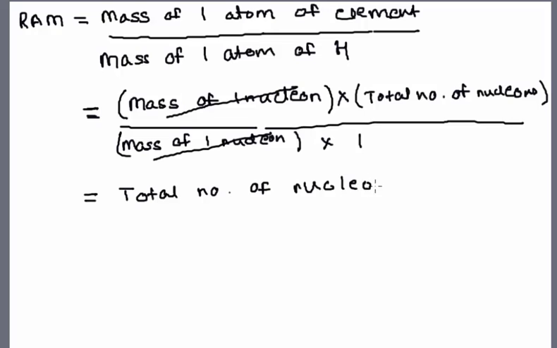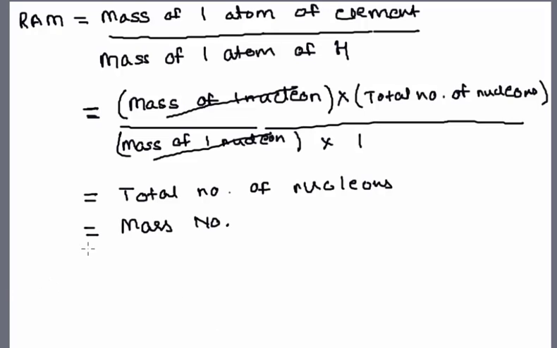So this is what Rm basically means, which in your earlier classes you might have read as the mass number. Fine. However, there is a slight difference between mass number and Rm, which I shall be explaining in due course of time. But for the time being, we can consider Rm as the total number of nucleons. So that is just basically a number.